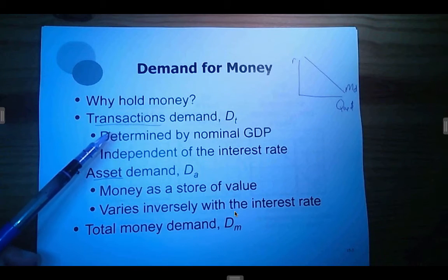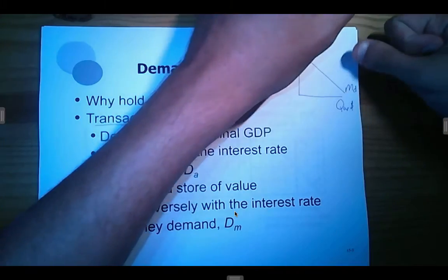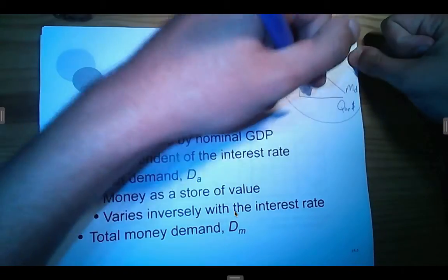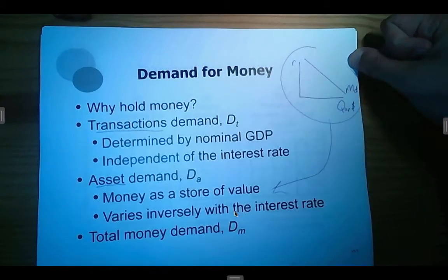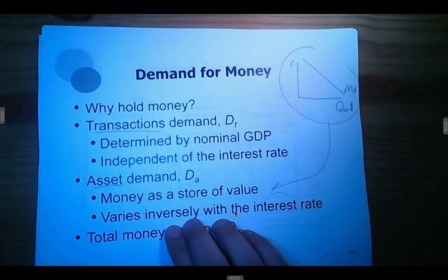In that transactions demand for money, we're not talking about this picture here. This picture is looking at that asset demand theory of money. But on the transaction side, we're simply saying an economy that's bigger needs more money to exist than one that's smaller.